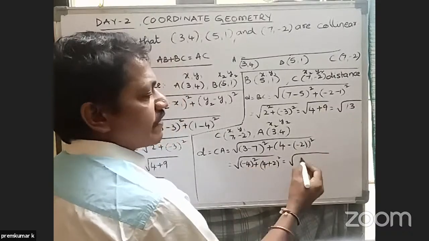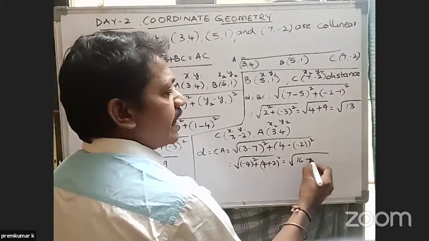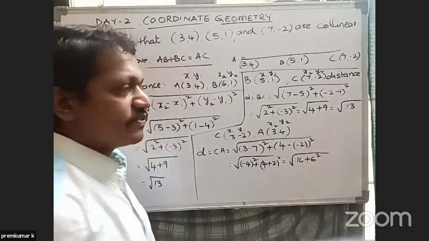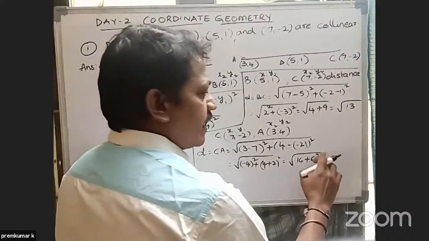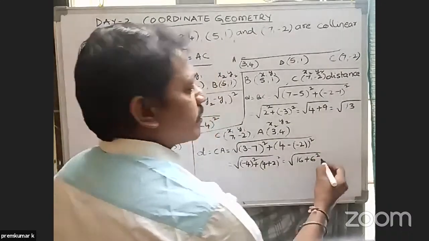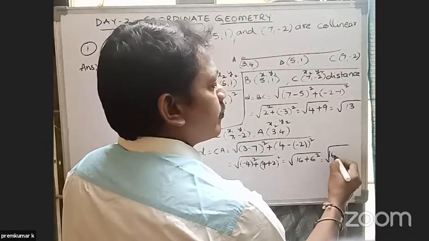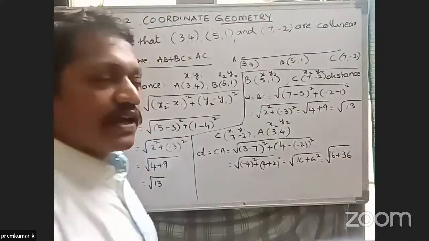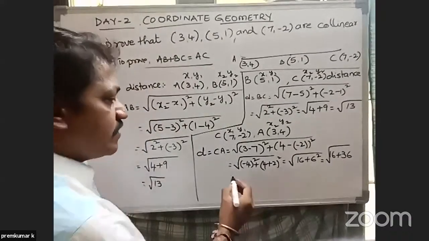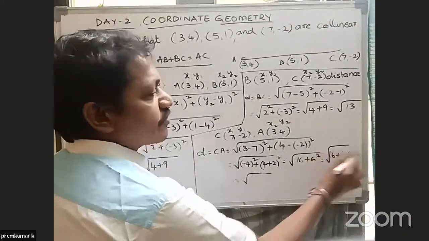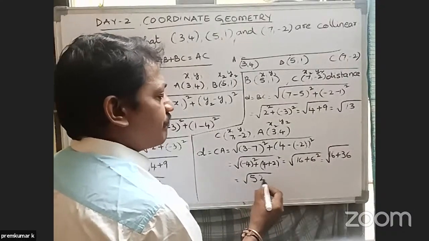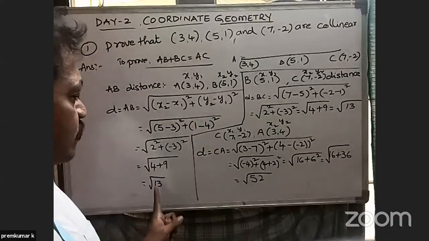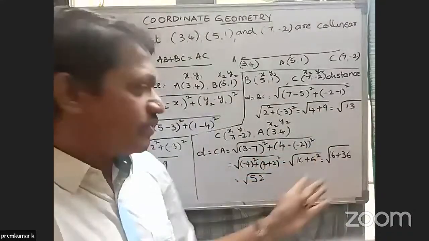Minus 4 square is 16. 4 plus 2 is 6 square, which is 36. 36 plus 16 is 52. So we are observing here, it is root 13 and root 13, and it is root 52.